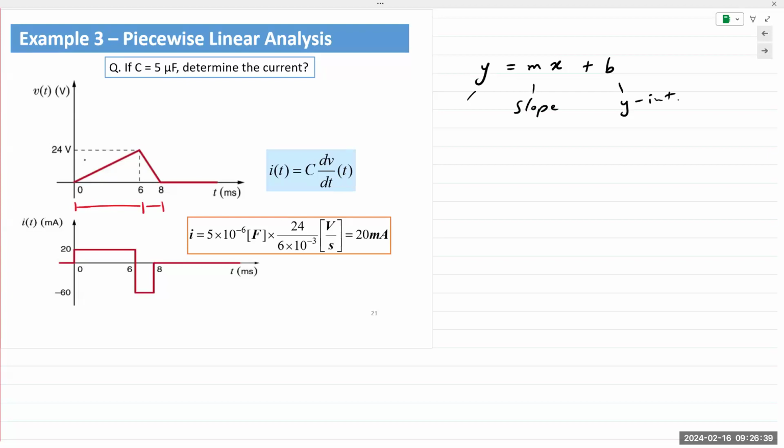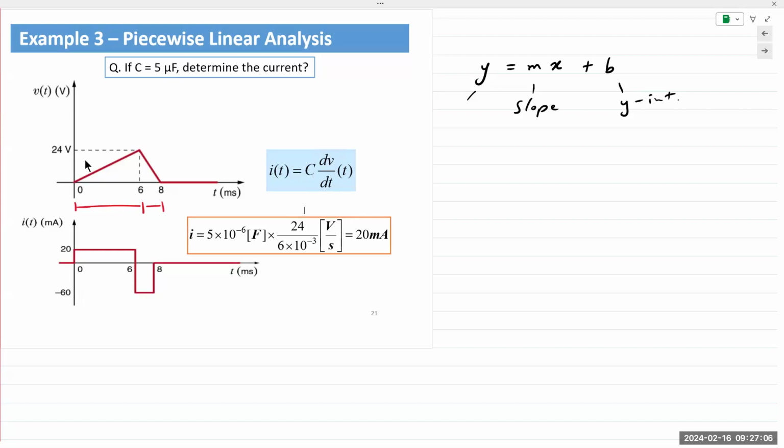In this case, you will see the beauty of using this technique: since the relationship is linear, all we have to do is describe the slope of the line. Because for a capacitor voltage, if you describe the slope of that voltage, it automatically gives you dV over dt.